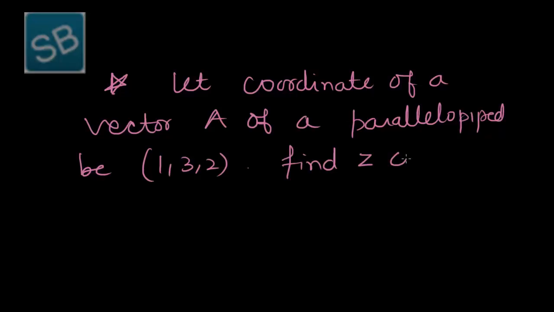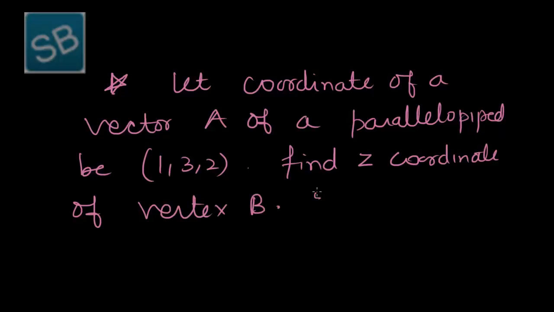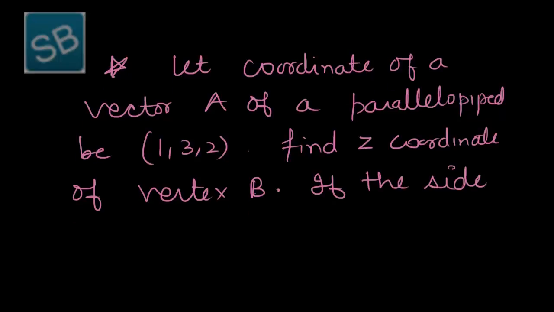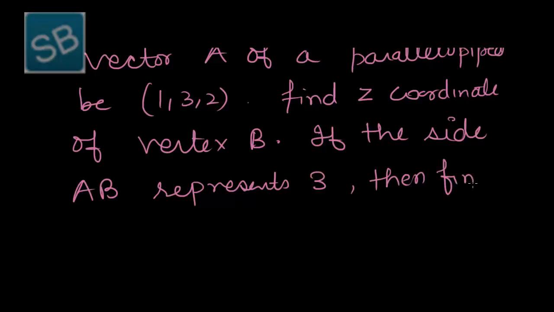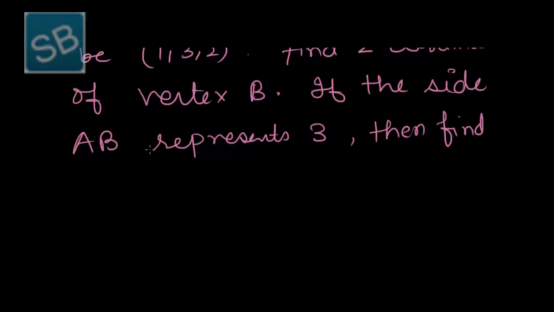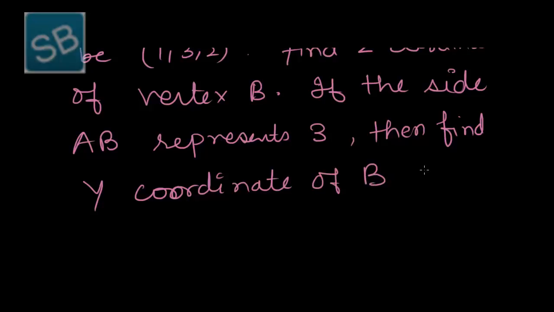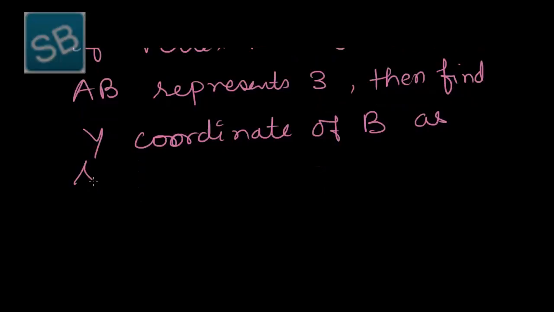Find the z coordinate of vertex B if the side AB represents unit C, then find the y coordinate of B, as shown in the figure.